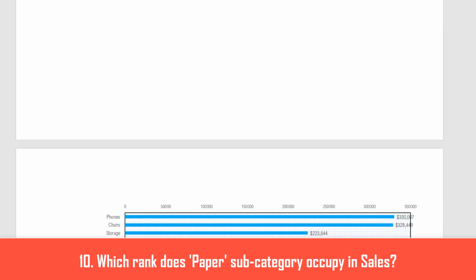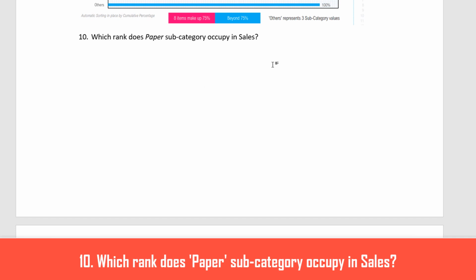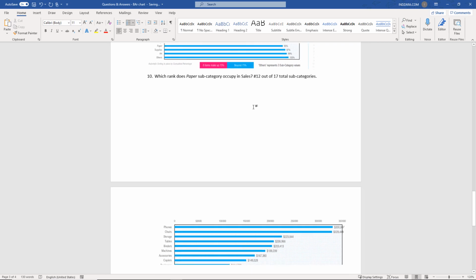Okay, so now out of the 15 items that we are showing here, paper is ranked number 12. So number 12 out of 17 total subcategories is where paper is ranked. And that was the last question.